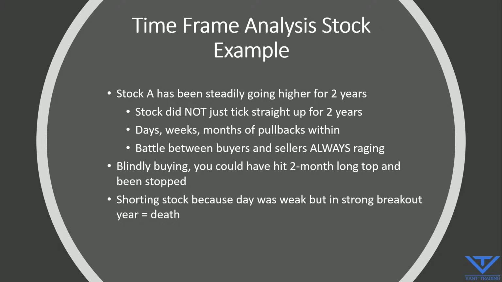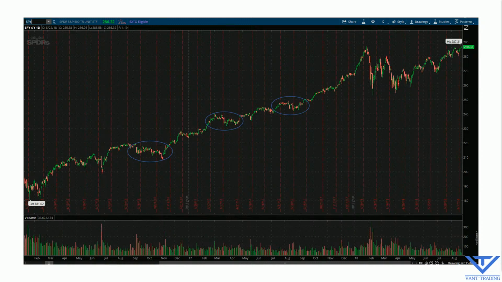And this is, again, I just pulled up the SPY. This is the simple S&P 500 ETF. This is over 3 years. And yes, the SPY went up throughout those 3 years. I just highlighted 3 simple areas where you can see, and every red dotted line there represents a month. For months at a time, the SPY didn't go anywhere.